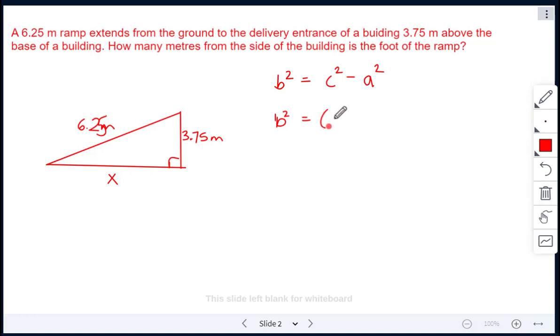So 6.25 squared minus 3.75 squared. Okay, so when you put that into your calculator, you should get b squared is equal to 25. And then you would take the square root of both sides to give us b is equal to 5 meters.